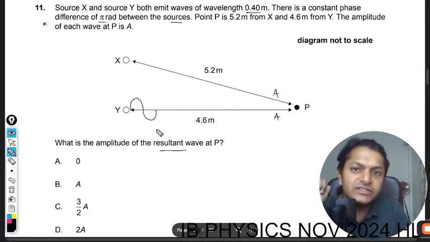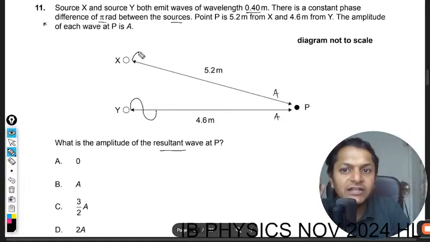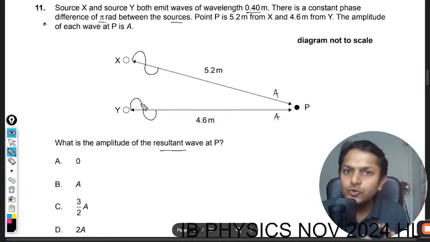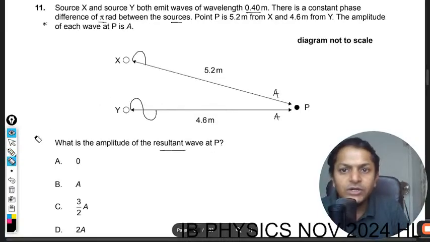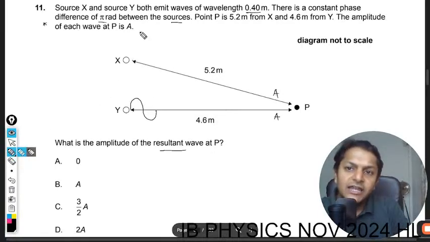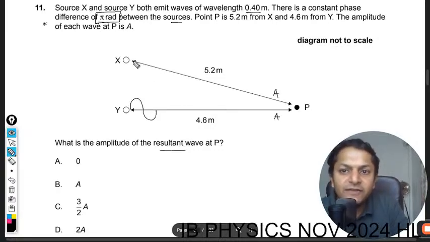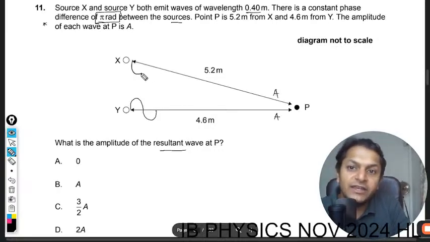If the phase difference is zero, even at X they start with the crest and then the trough. So this was the usual case till today. But now that is not the case. Now it is given that the phase difference is pi. It means that for X, when the wave starts, it is first a trough and then a crest.